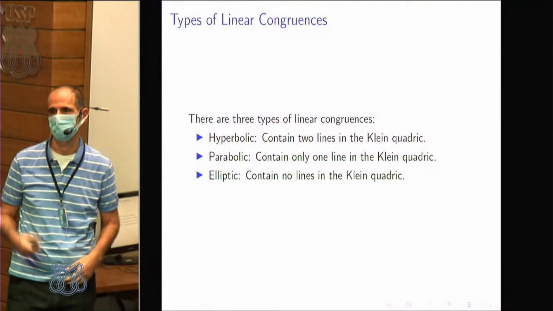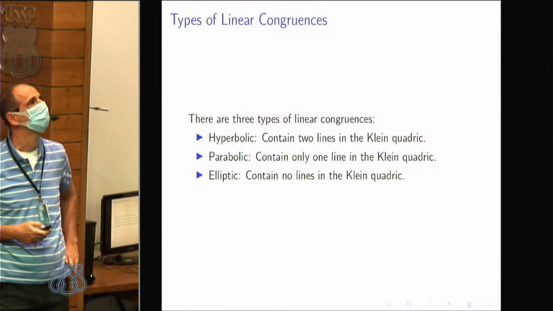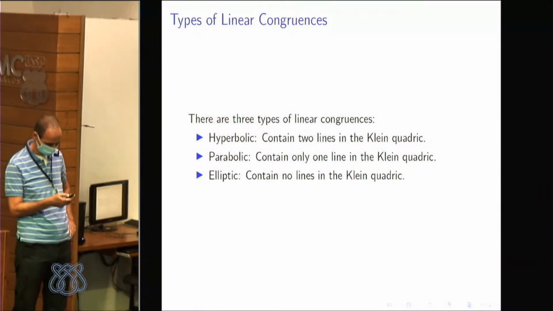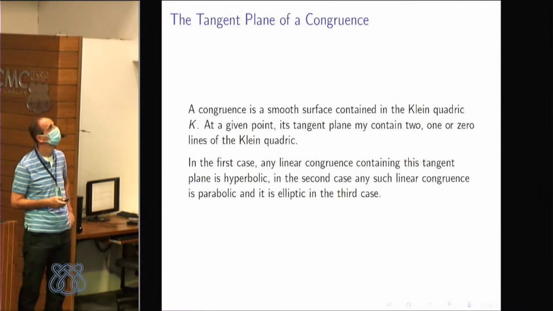There are three types of linear congruence. They are called hyperbolic, parabolic, and elliptic. This depends on whether they contain lines in the Klein quadric, because the Klein quadric contains some lines, and these are the conditions to describe it.